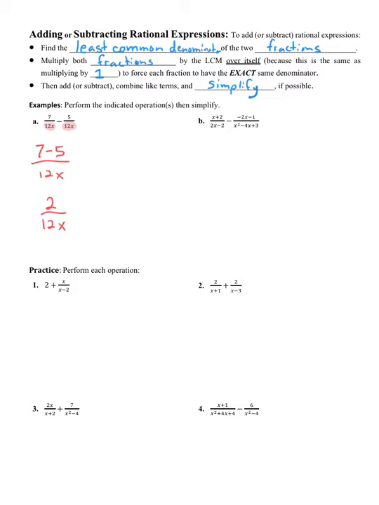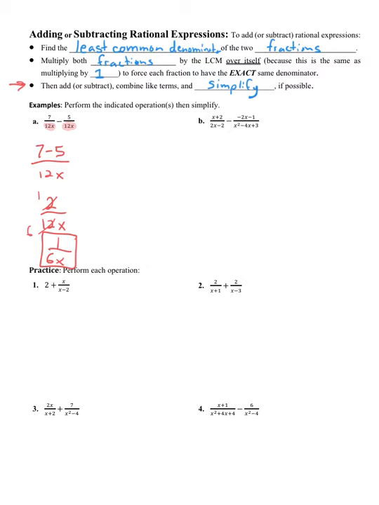And now because it's 2 over 12x, I should be able to see 2 divided by 12 needs to simplify a little bit. That can become 1 over 6. So I'm going to get 1 over 6x. That's the simplified expression there. So that's what I mean at the very end, on the last part, after we add or subtract, we need to see if we can simplify if possible.